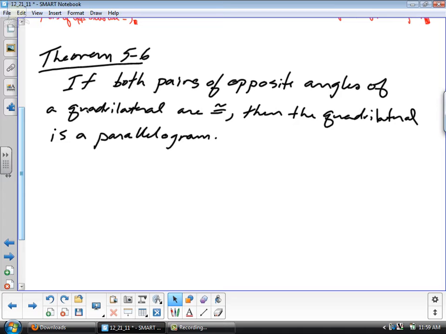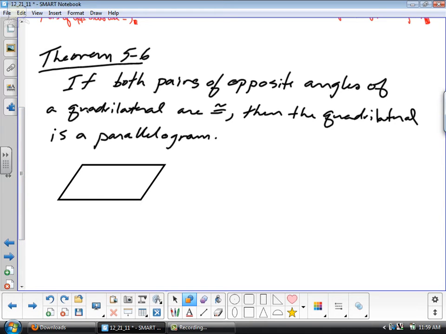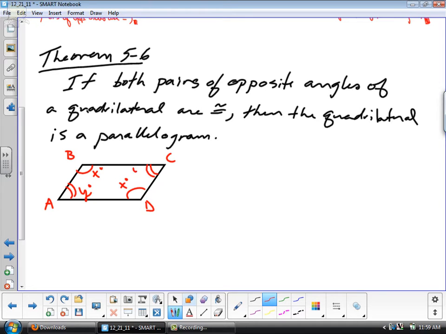So what we are going to have is a quadrilateral with both pairs of opposite angles congruent. What I can do in this quadrilateral is call both of these angles x degrees and both of these other angles y degrees. And if I can show that x plus y has to equal 180, that this means that x and y are supplements, then I can state those lines have to be parallel because same side interior angles are supplementary.